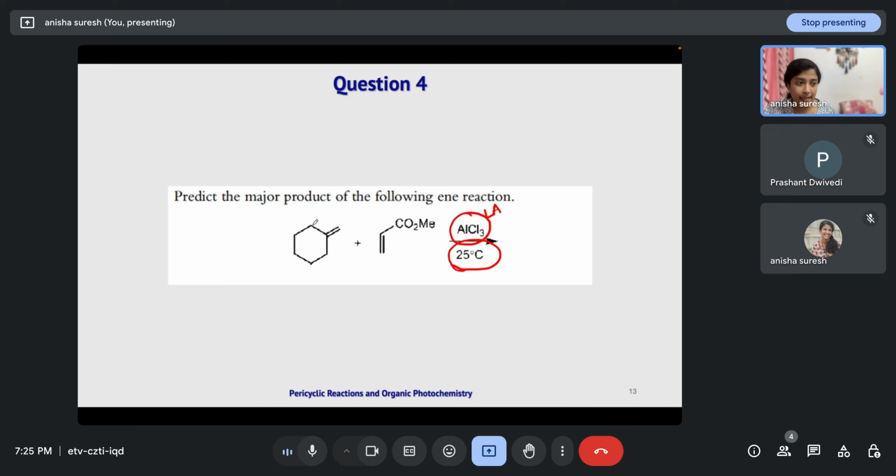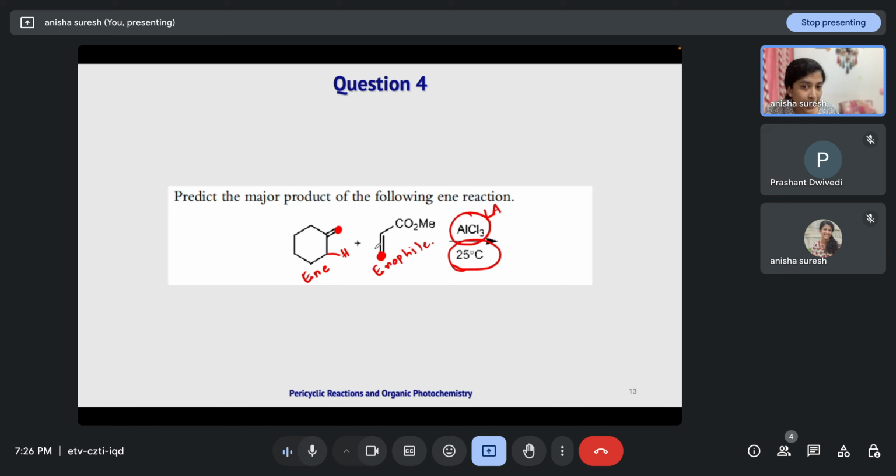So as you can see, this is the ene component. This is the enophile component. This reaction is taking place in a regioselective manner. Here is the largest coefficient of LUMO and here is the largest coefficient of HOMO.